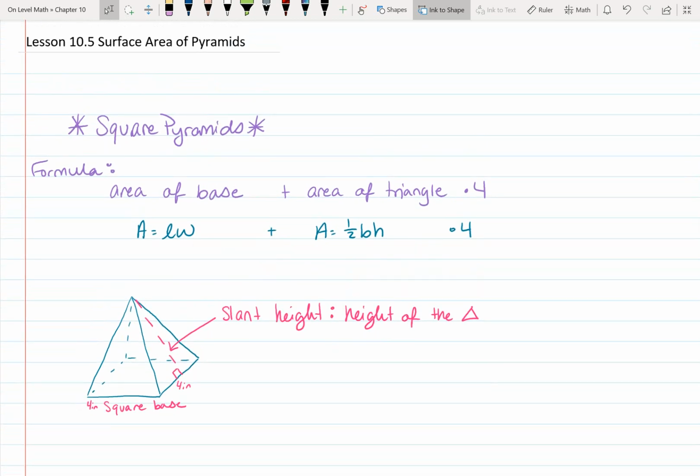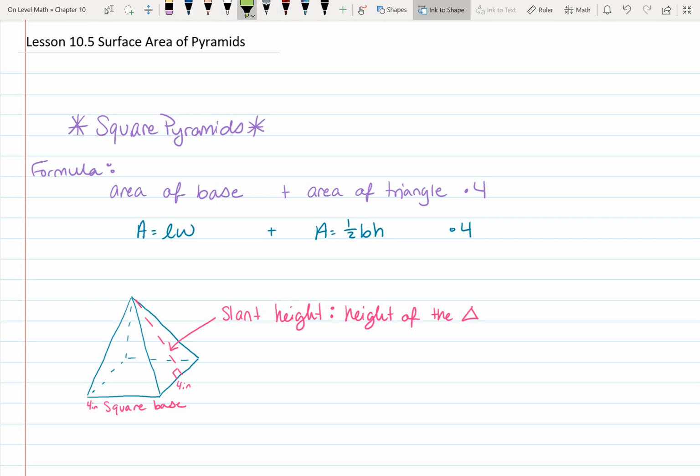Otherwise it's pretty short. So, square pyramids, the formula: we're setting it up just like we did with the surface area of our other prisms. We have our figures, we have our formula, and then we have our plug-in, right? For this square pyramid, we've got to add the area of the base.